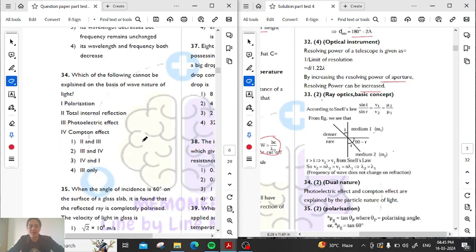Okay, next is, which of the following cannot be explained on the basis of the wave nature of light? This is again from the chapter photoelectric effect, meaning dual nature.